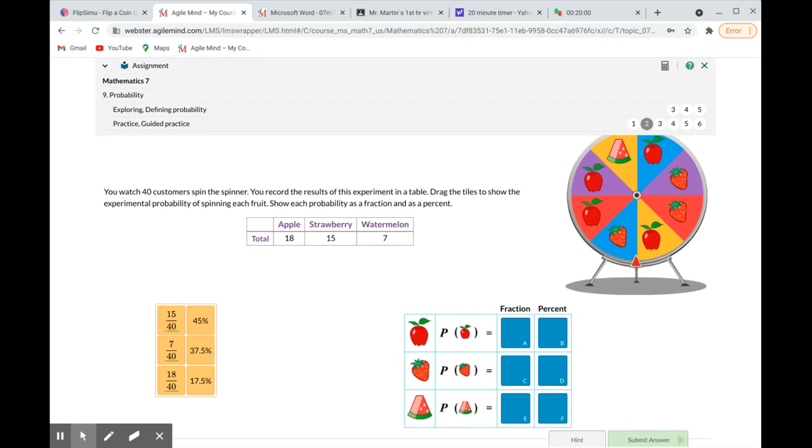So what do we need to do, class? What do we do to find the experimental probability?